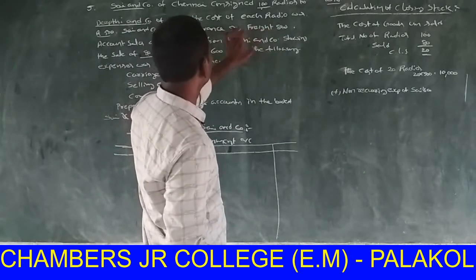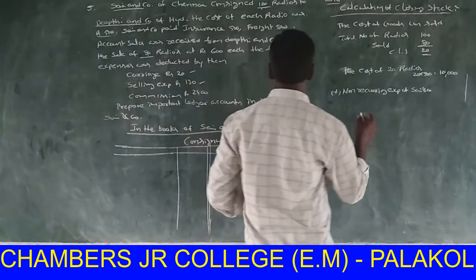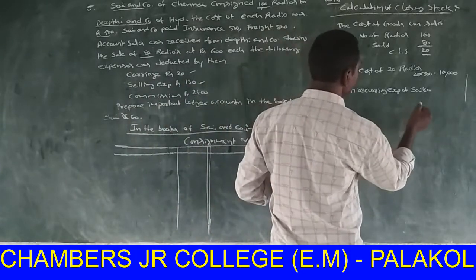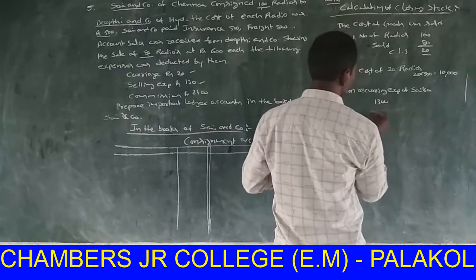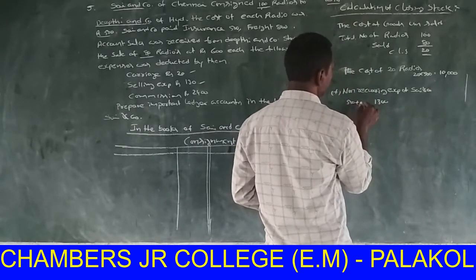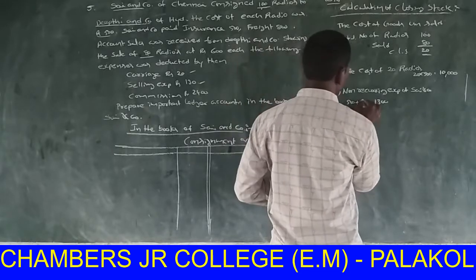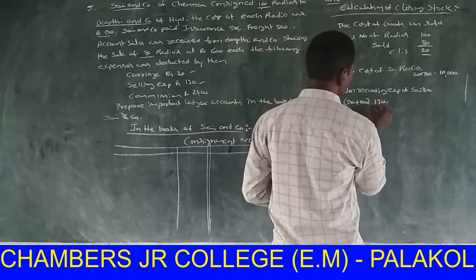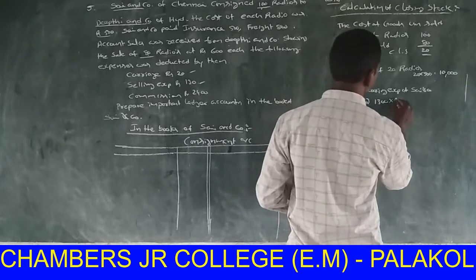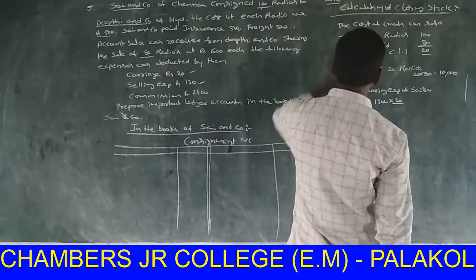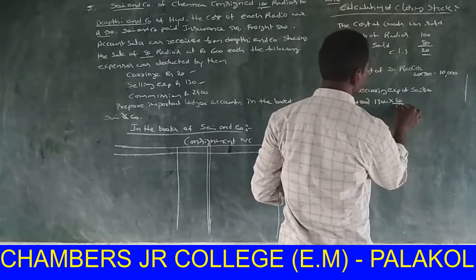These two are non-recurring expenses, so they are considered in the value of closing stock. 1,300, that is 500 insurance plus 800 freight, into number of radios remaining 20 by total number of radios 100.